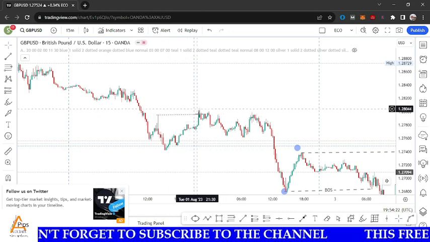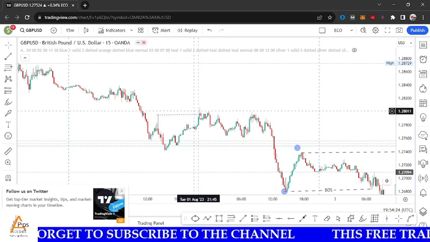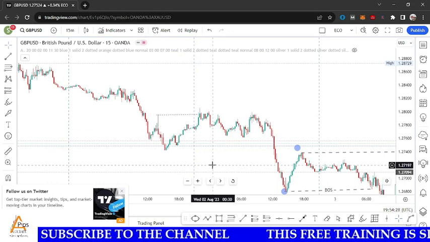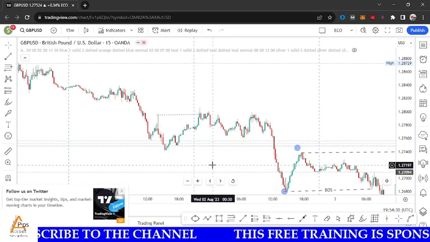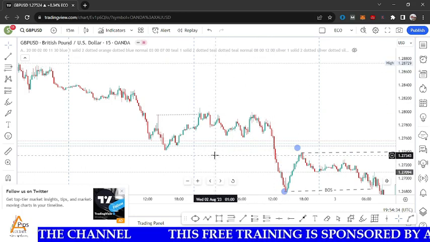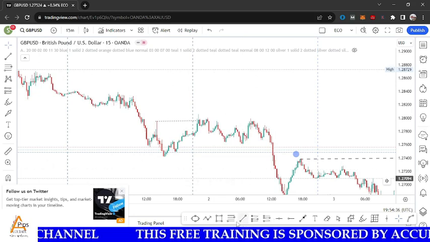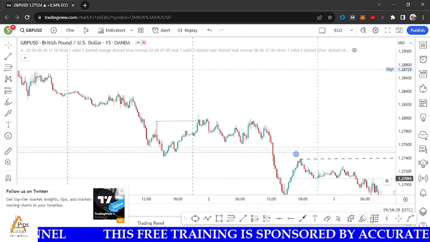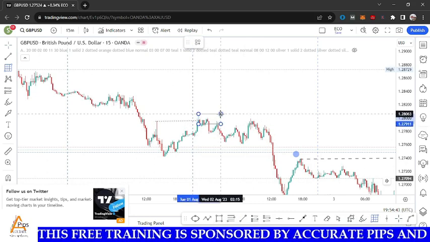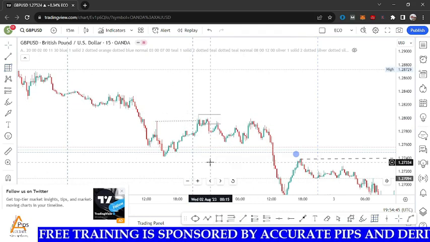Now this bullish candle here is the one we can use as our IFC. Remember I told you two things, that when looking out for our IFCs, we can use the whole body from here to here as the zone.